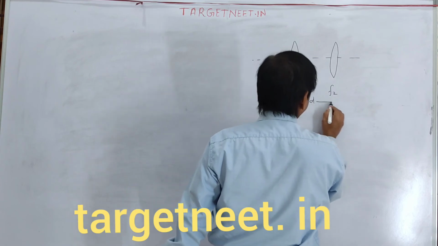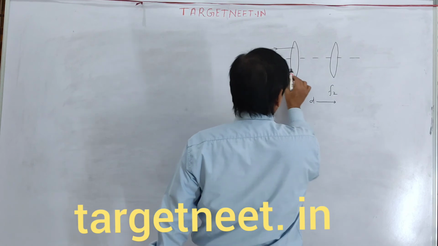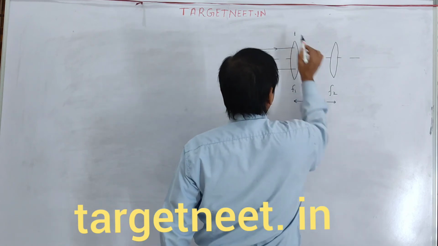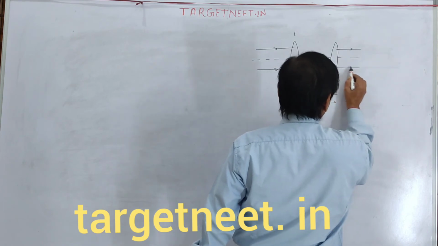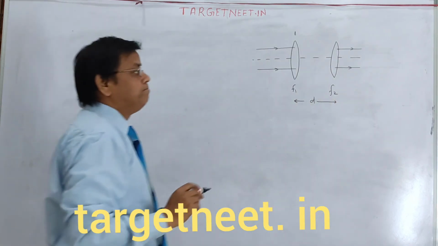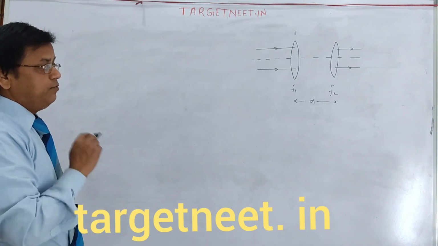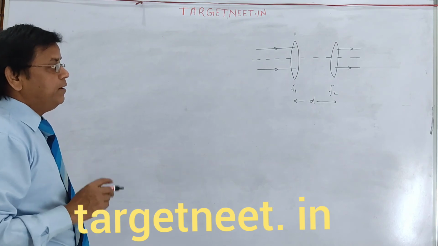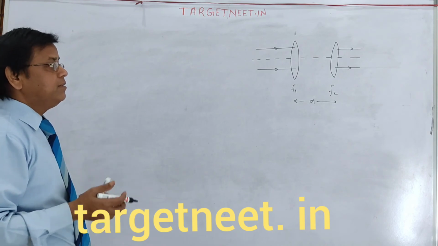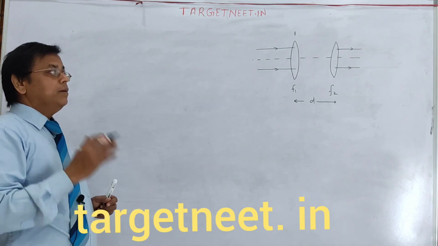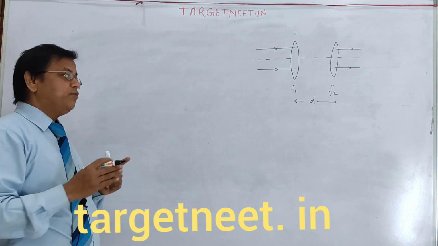The separation between them is d. If a parallel light is incident on the first lens, the emergent ray from the second lens is also parallel to the principal axis, that is given. Then find the value of D in terms of F1, F2. This is the question. Here the incident ray on the first lens is parallel to the principal axis and the emergent ray from the second lens is also parallel to the principal axis. You have to find a relation between F1, F2 and D.